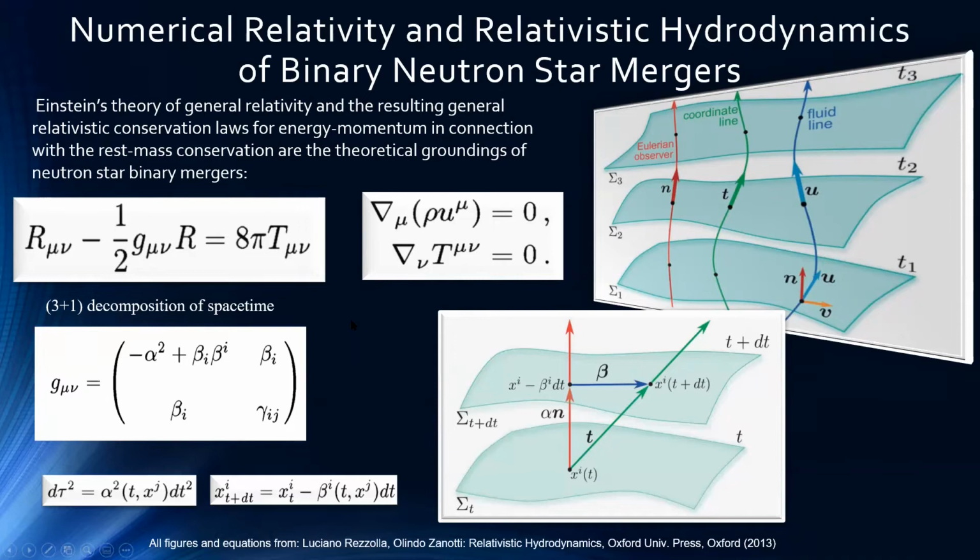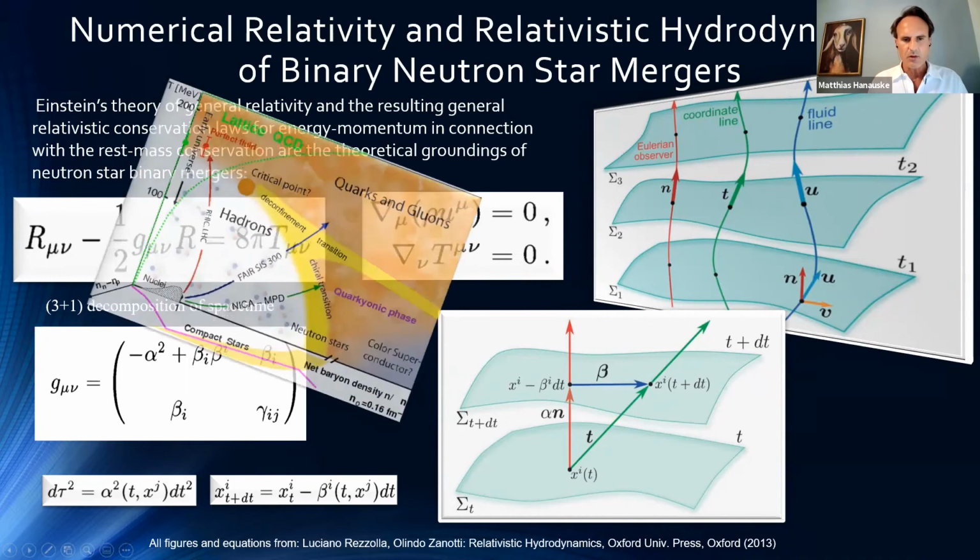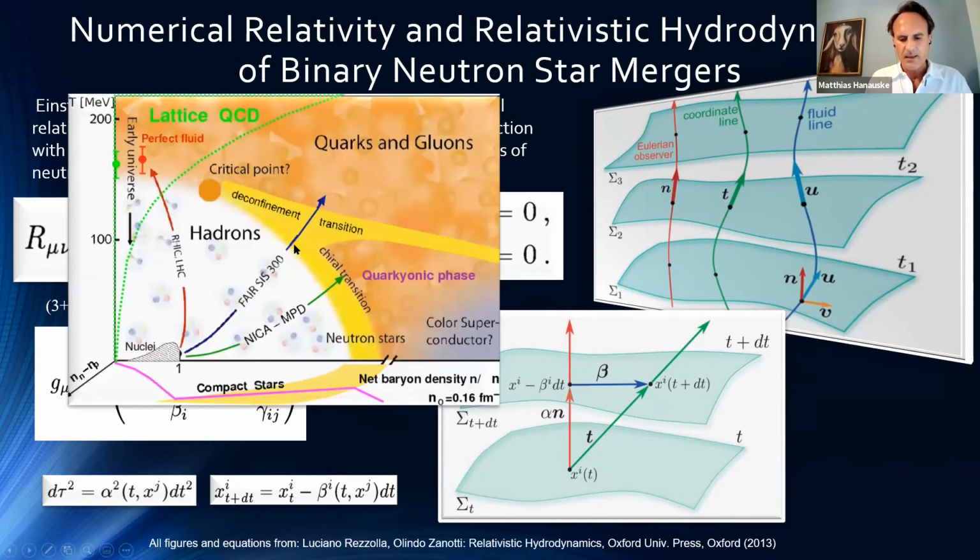I will also look at the post-merger phase, and on the right-hand side of the Einstein equation, where the energy momentum tensor enters, I will also look at what the possibility of a hadron-quark phase transition could do, where you have the temperature and the density. When the two neutron stars merge, the whole space of the QCD phase diagram is populated in the interior of the remnant, and this I would like to show you.